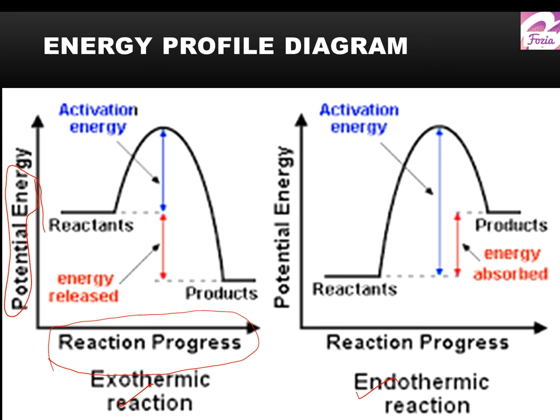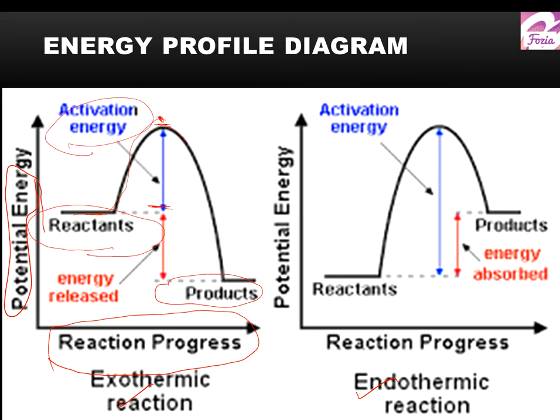Here you can see that for exothermic reactions, the overall energy of the reactants is higher than that of the products. As the reaction proceeds, the reactants increase their energy to the maximum, and the energy difference from the reactants to that maximum point is called the activation energy.